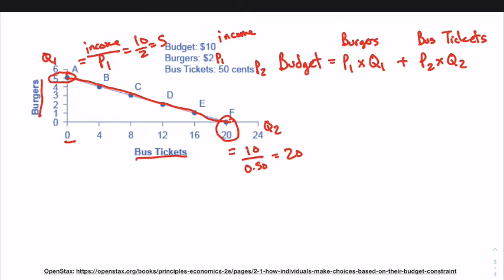Let's pick point C. So at point C, we know that we are going to be purchasing 3 burgers and 8 bus tickets. So let's make sure that that comes out to $10. We know that the price of burgers is $2, and we know from over here on the left that we're going to be purchasing 3 of them.